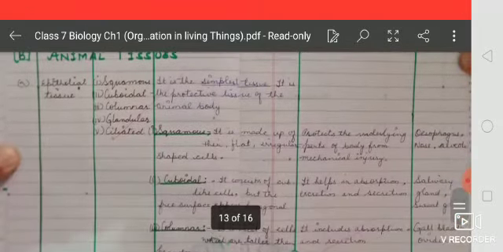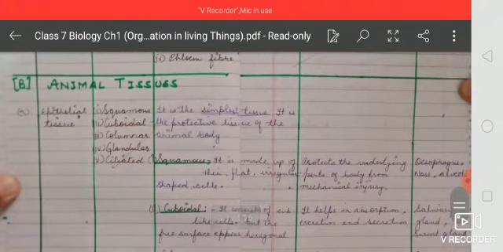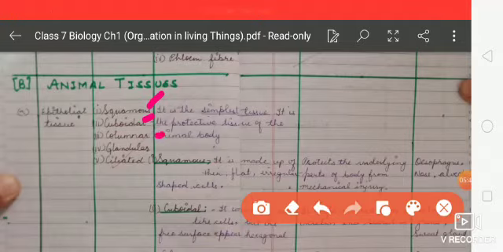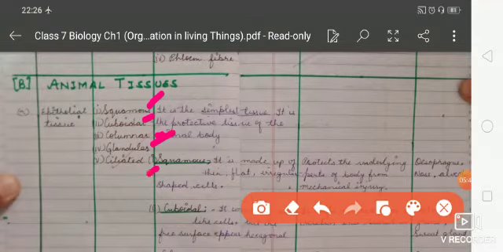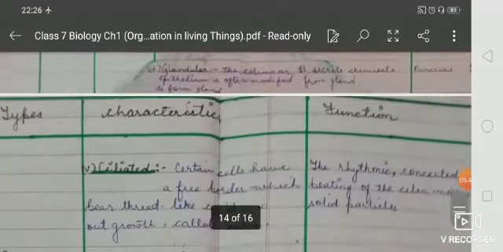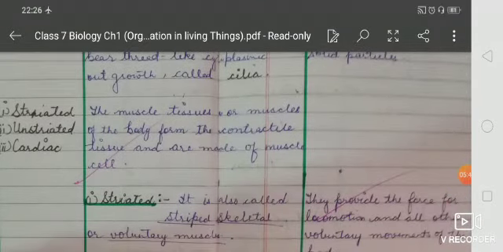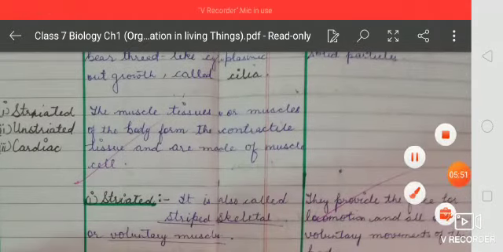Next one is animal tissues. Here the first one is epithelial tissue, which is divided into squamous, cuboidal, columnar, glandular and ciliated tissue. And next, here you will study striped, unstriped and cardiac muscles.